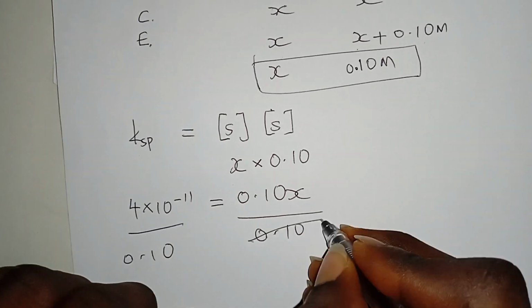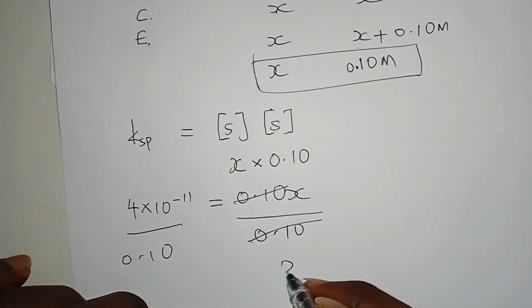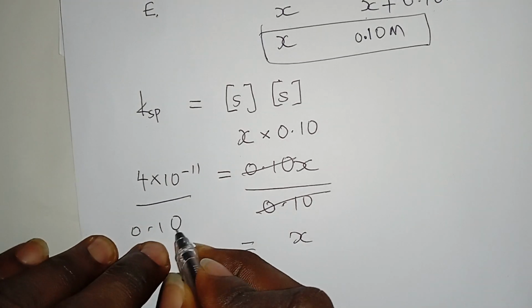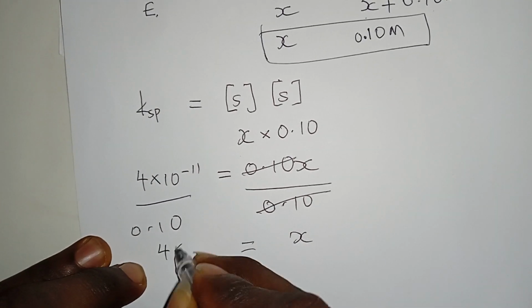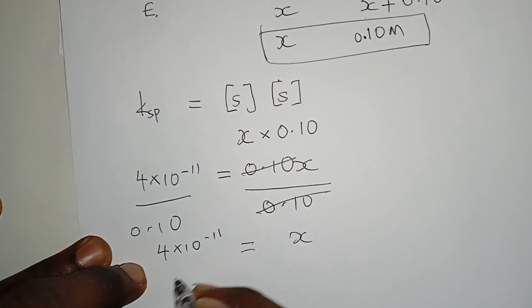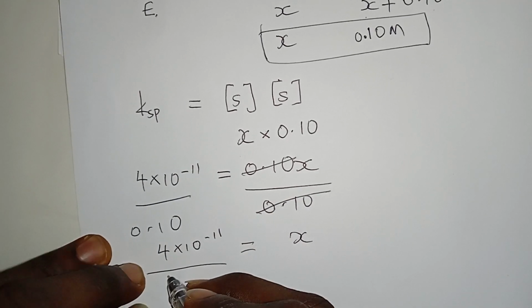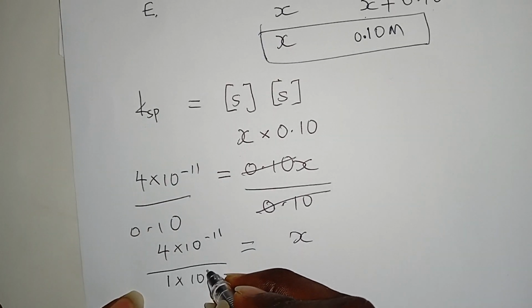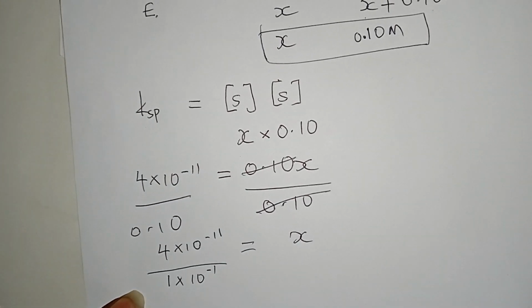Now when you divide this, you have x equals 4 times 10 raised to the power minus 11 all over 1 times 10 raised to the power minus 1.